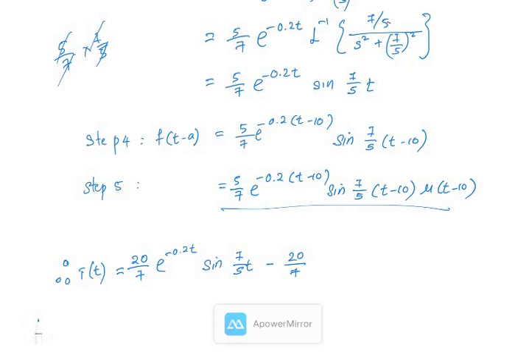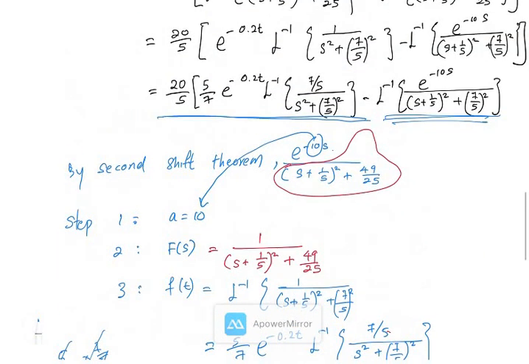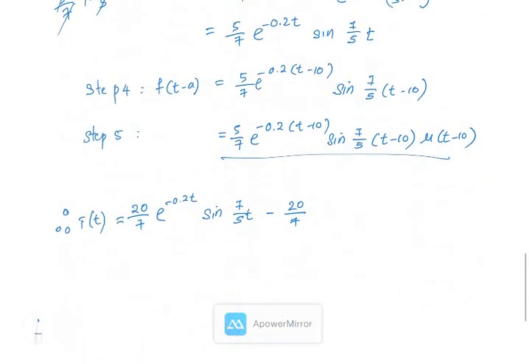Okay, 20/7 because 20 is from the first part. The 20/5 multiplied by the 5/7, so you get 20/7. Exponent negative 0.2 (t minus 10) sine 7/5 (t minus 10) u(t minus 10).